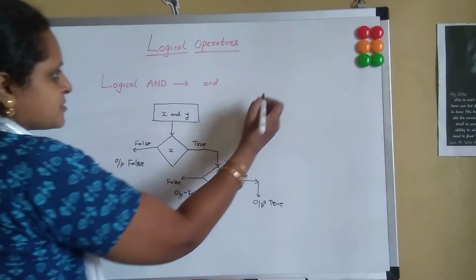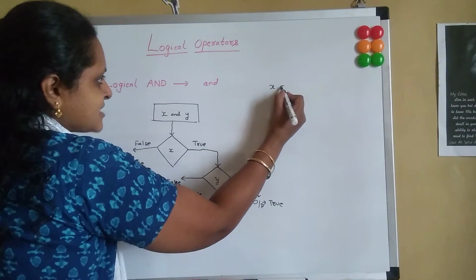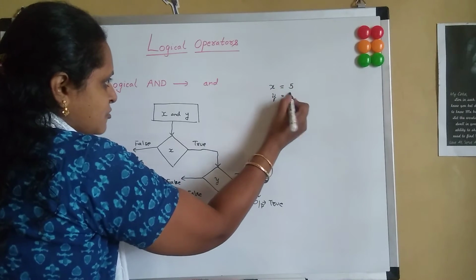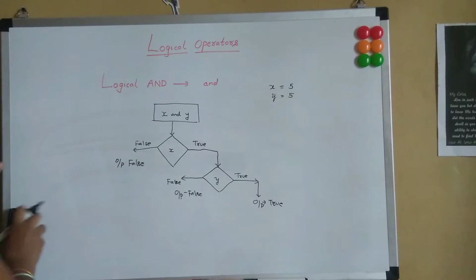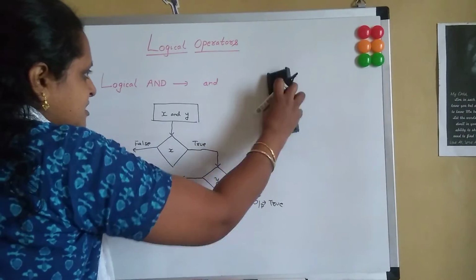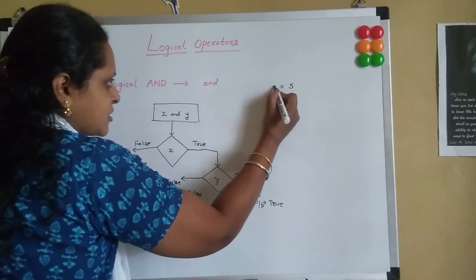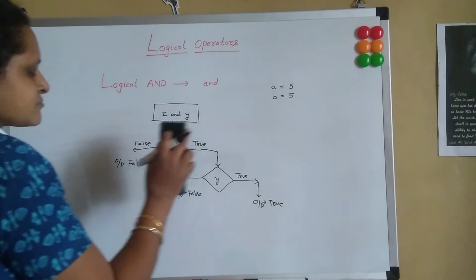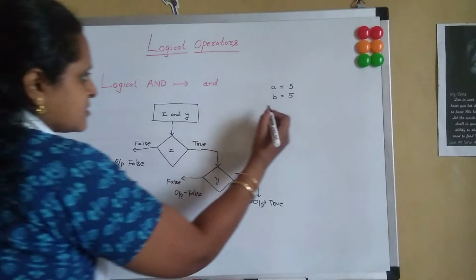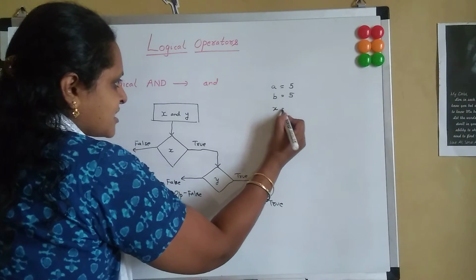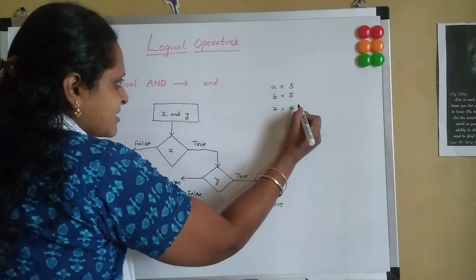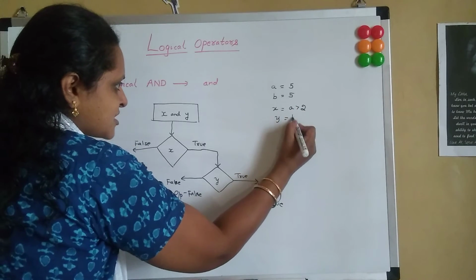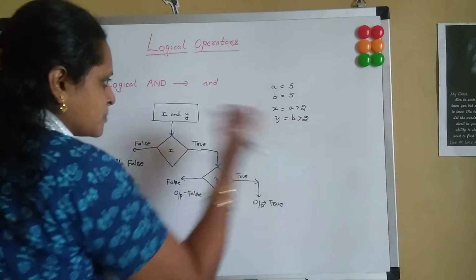For the test, let me take A equal to 5, B equal to 5. The test expression X is A greater than 2, and Y, the second test expression, is B greater than 2.